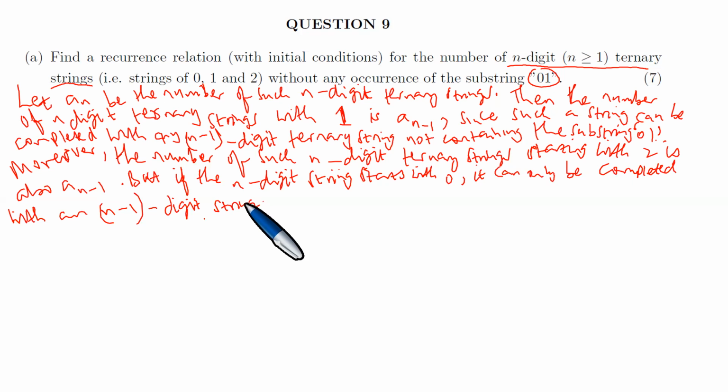So if you have a string that starts with a 0, you can complete that one by associating with it an n minus 1 digit string, and then it's going to become n digits with the 0. So n minus 1 digits and 0 will give you an n digit string. Okay, nothing strange there.